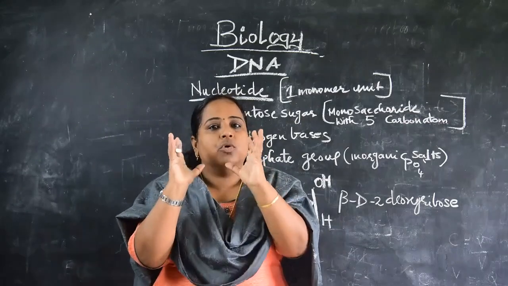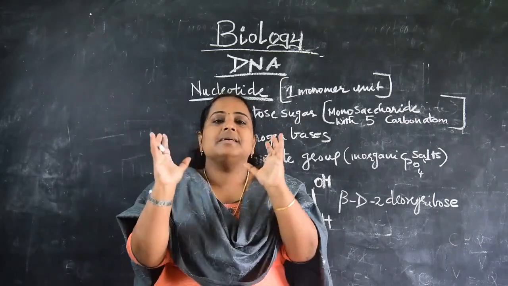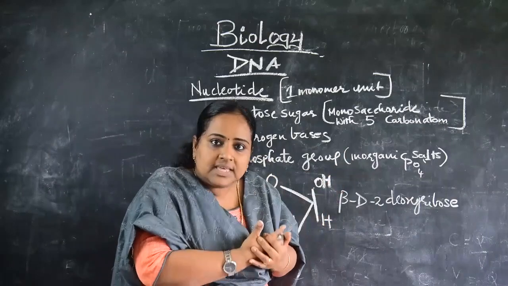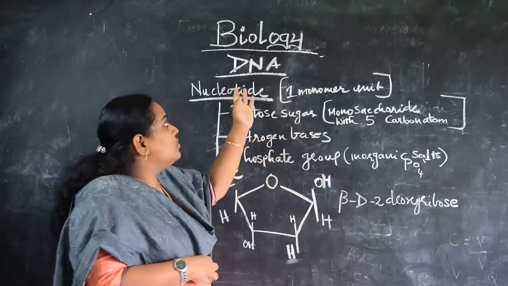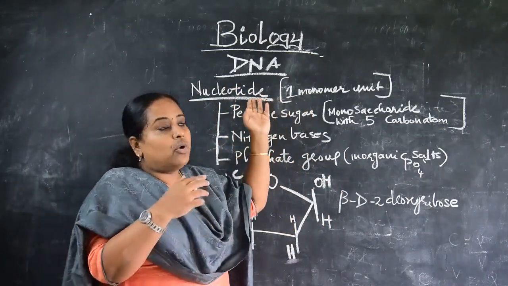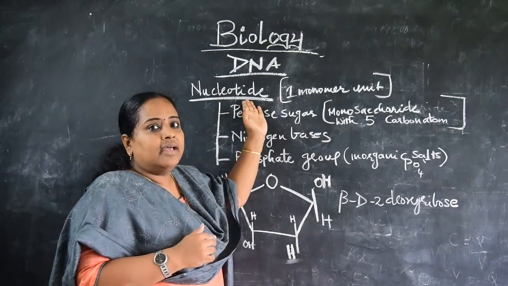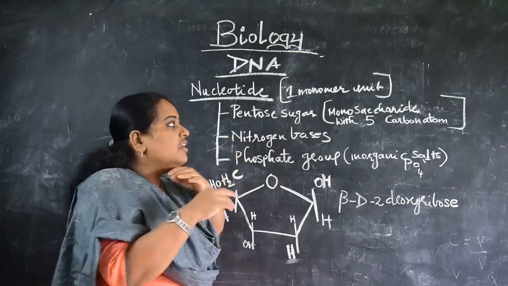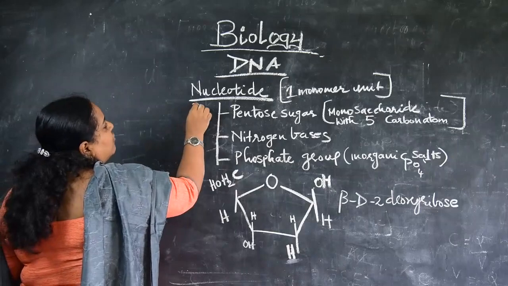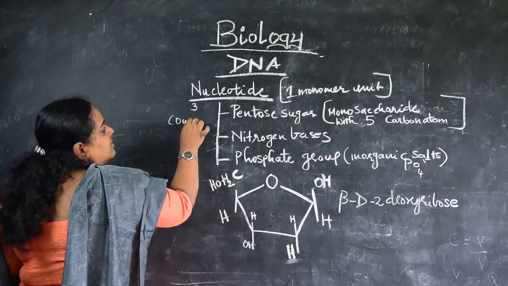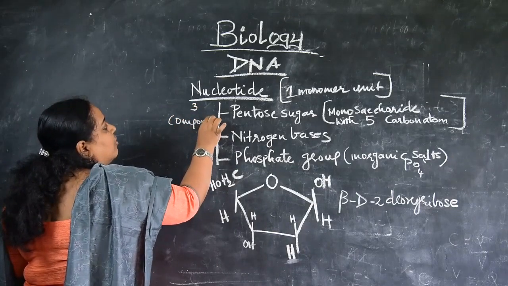What is that one monomer? Actually, what makes up that one monomer? That is what we are going to see now. So one monomer unit, or one nucleotide, comprises three components. What are the three components?